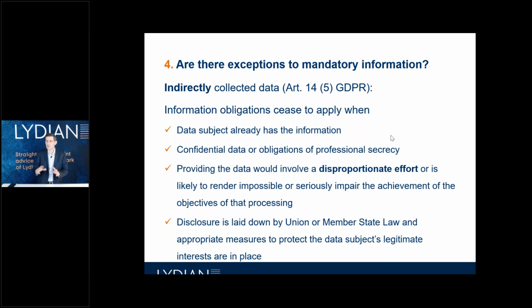And of course, this is not a real exception because you will have given this information already once in the past, and so it's not really an exception to the obligation to provide information. The information must be provided to the data subject in any case.